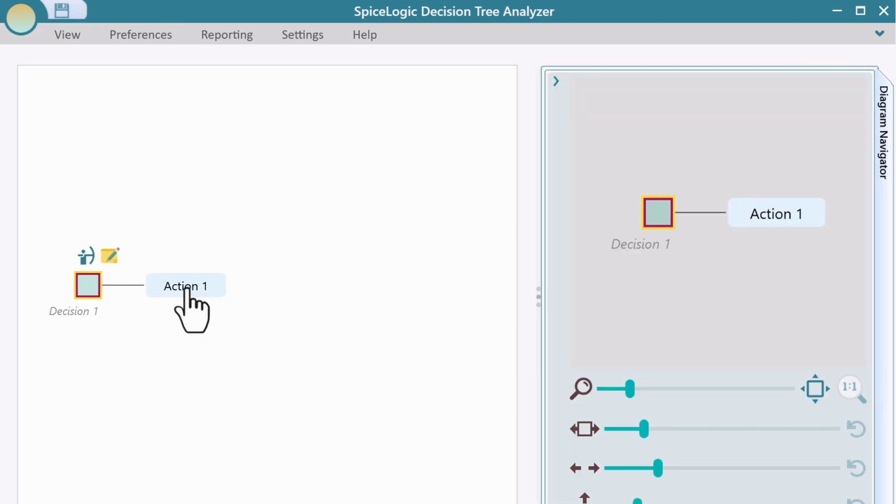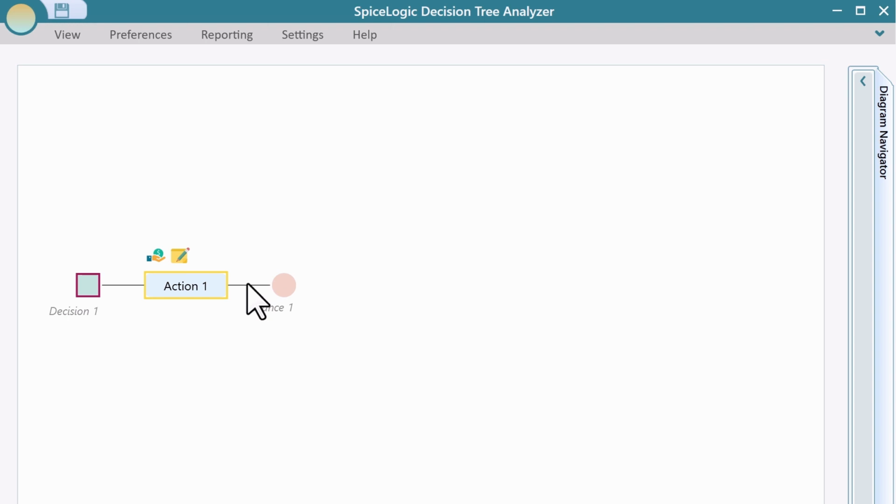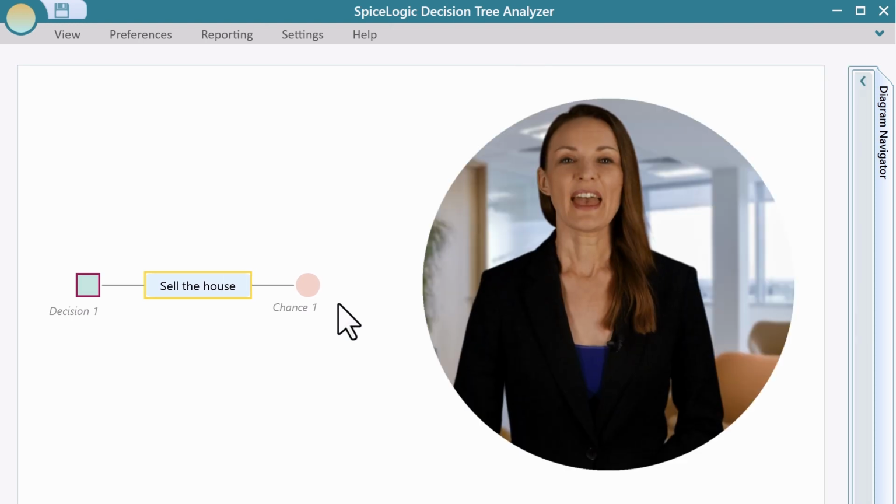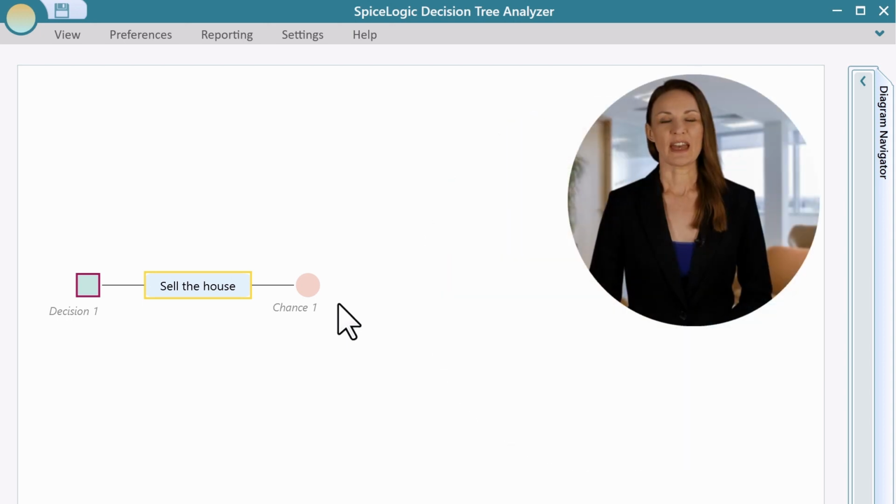Create a decision tree that begins with a decision node. Then add a chance node to the action node. Under the chance node, you need to create a couple of events. Create an event to represent a situation where you got the $3 million offer.